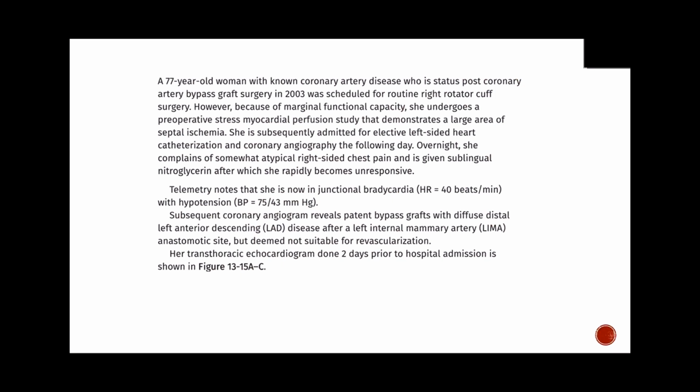Overnight, she complains of somewhat atypical right-sided chest pain and is given sublingual nitro, after which she rapidly becomes unresponsive. Tele shows junctional bradycardia and hypotension. Subsequent angiogram reveals patent bypass grafts and diffuse distal LAD disease after a LIMA anastomotic site, but is deemed not suitable for revascularization. Her transthoracic echo is done here.